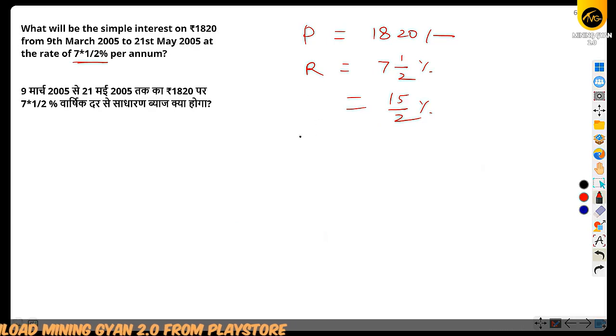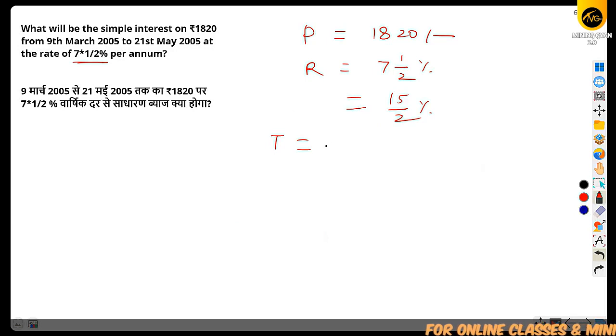Now what is the time duration? Calculate from 9th March to the 21st May 2005. So for 9th March, the remaining days in March, because we have 31 days in March, are 21 to 30, 22 days in March.